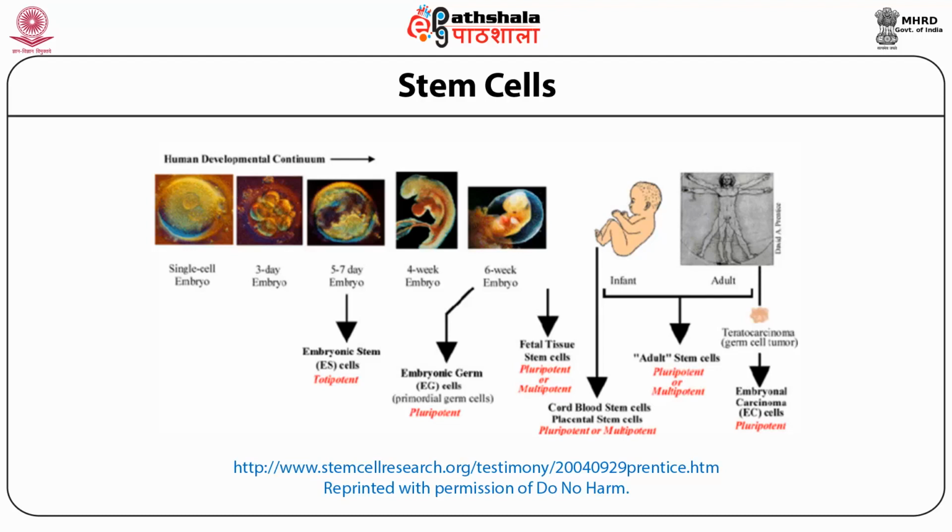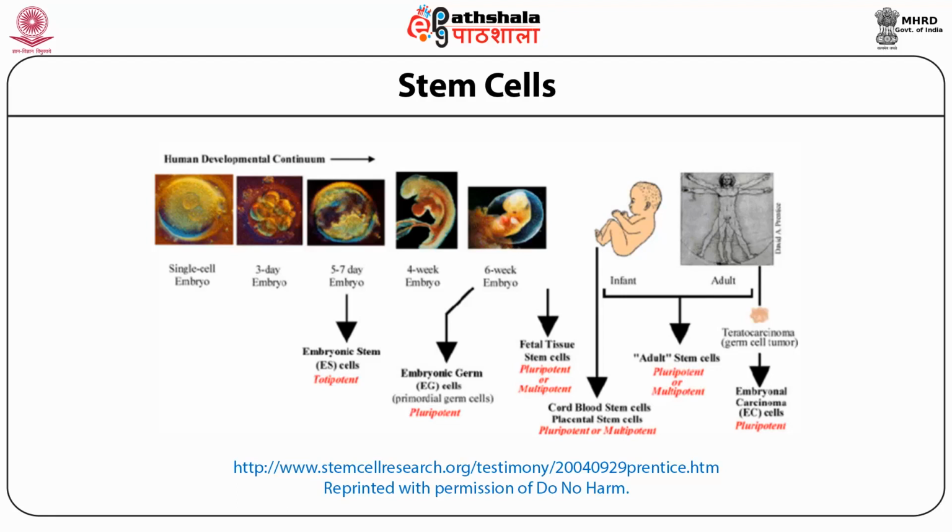So between the 4-week embryo and the 6-week embryo, if we isolate the embryonic germ cells, these are called pluripotent cells. And then there are fetal tissue stem cells, which are pluripotent or multipotent. And then between the infant and adult stage, when we obtain cells from different parts, these are called adult stem cells, and these can be pluripotent or multipotent also.